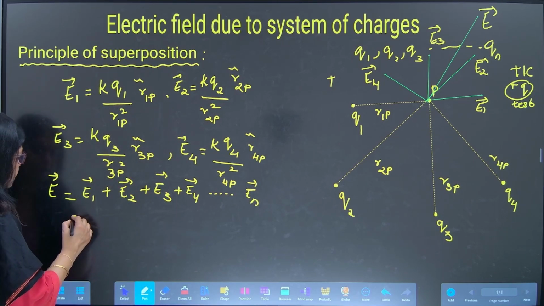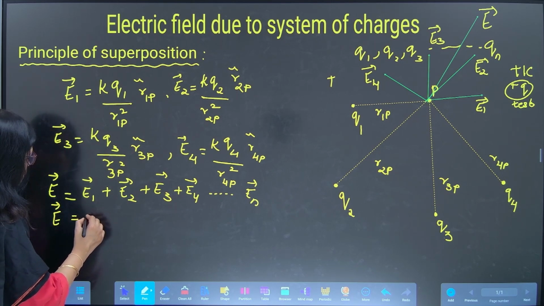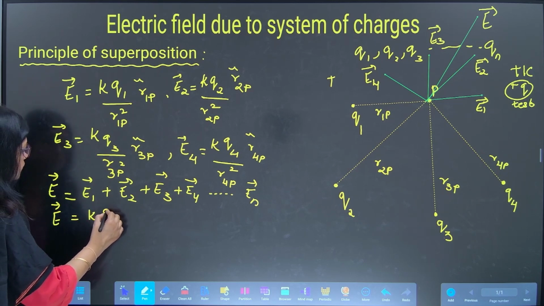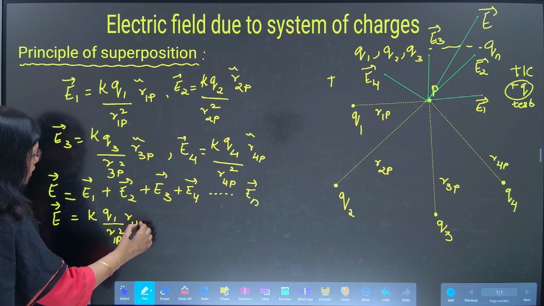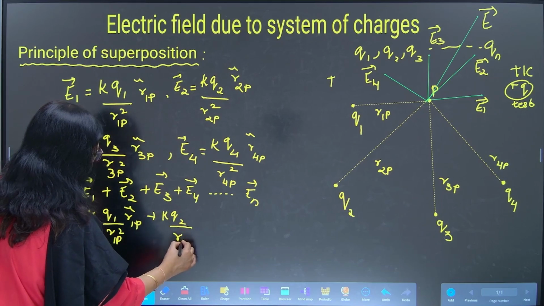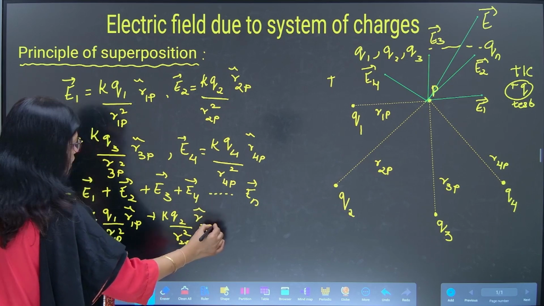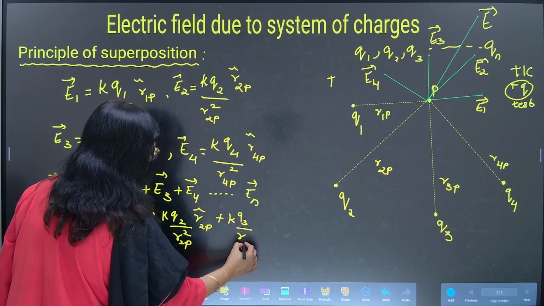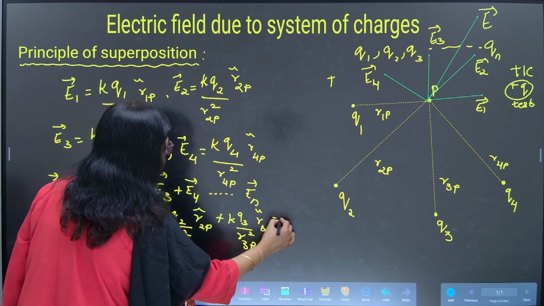So substituting these values, E vector is equal to K Q1 upon R1P square, R1P cap, plus K Q2 upon R2P square, R2P cap, plus K Q3 upon R3P square, R3P cap, and so on.